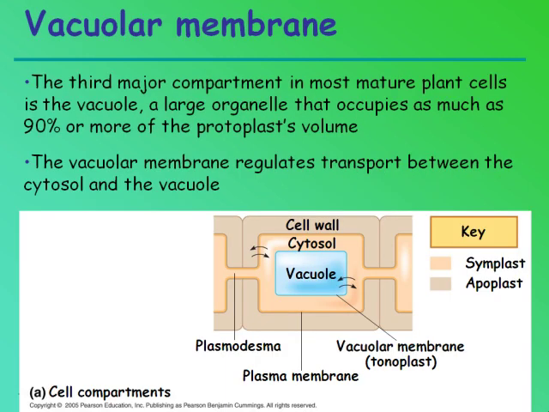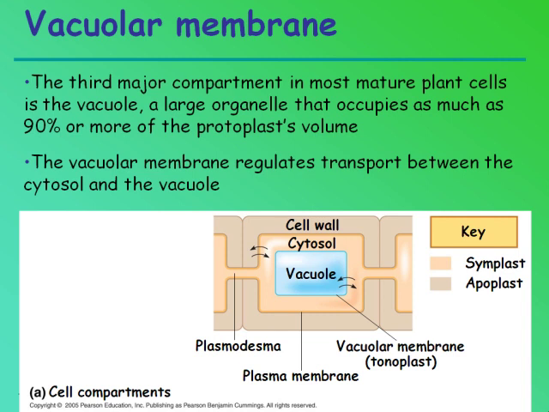Okay, so the third major compartment in most mature plant cells is the vacuole, which takes up a lot of the inside of the cell. It's a large organelle, can occupy as much as 90% of the cell. The vacuolar membrane regulates transport between the cytosol and the vacuole.